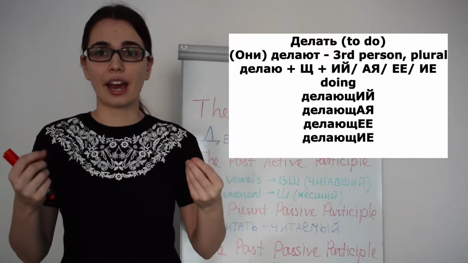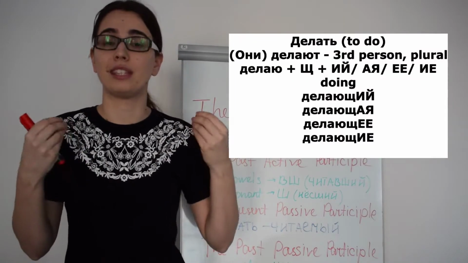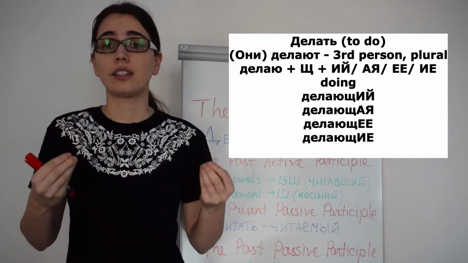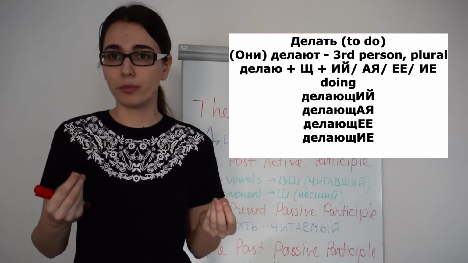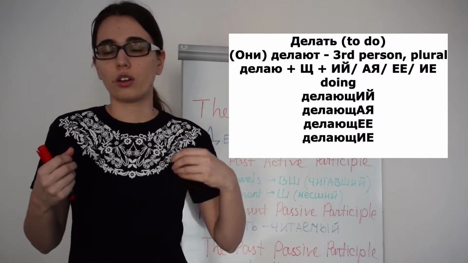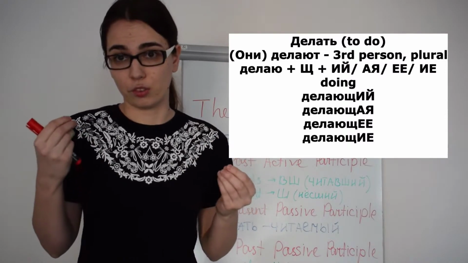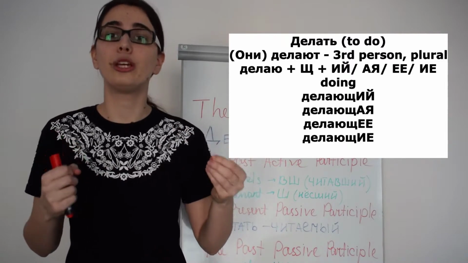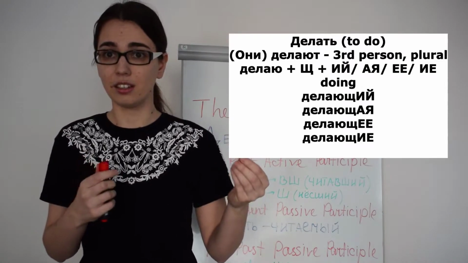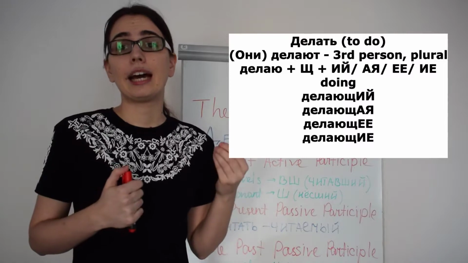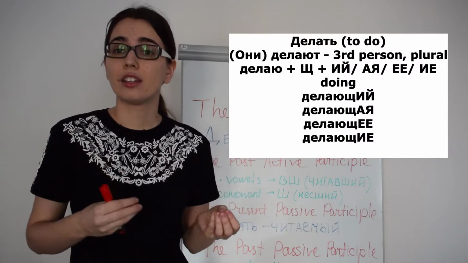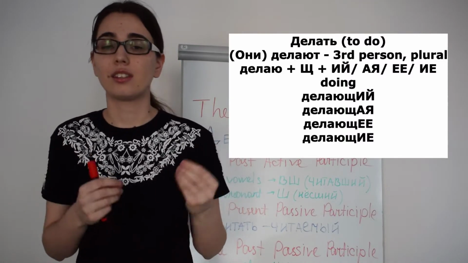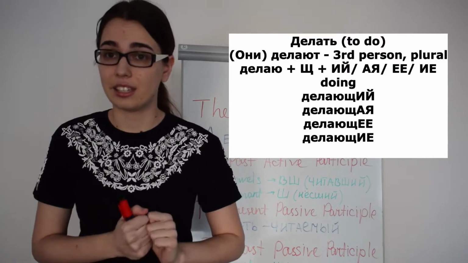For example, I have the verb делать, and the third person plural form of this verb will be делают. Then I need to remove the final т, and I need to add щ plus the adjective agreement ending.